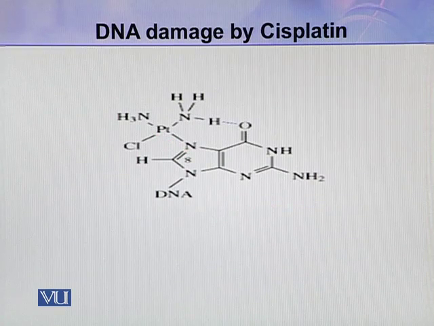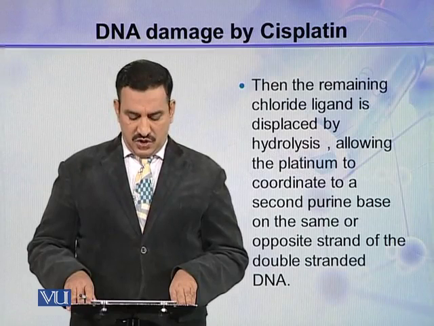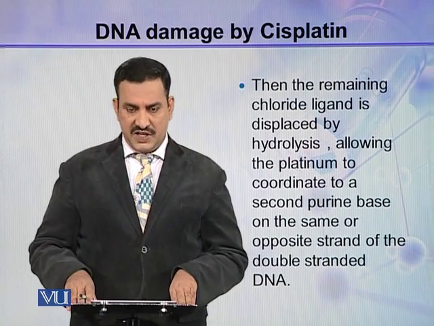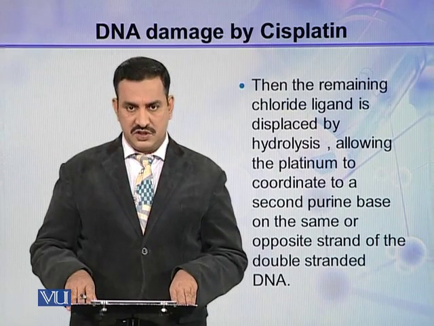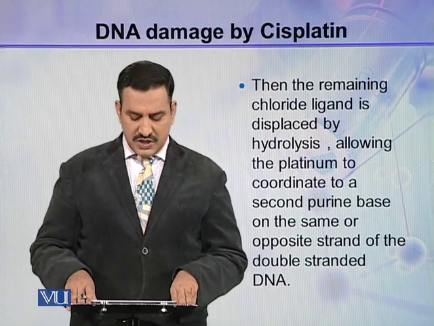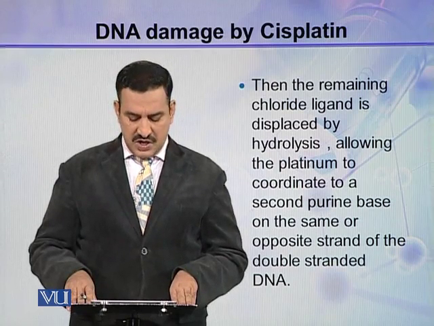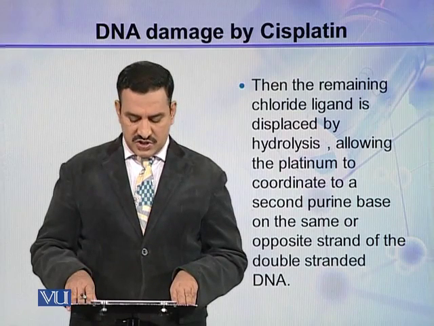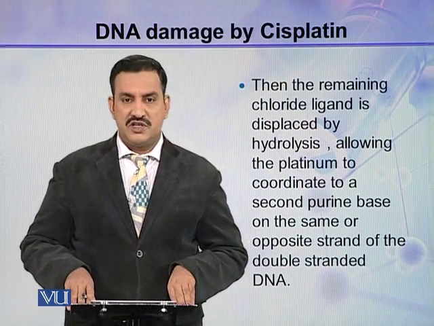In this way it forms a monoadduct in the DNA. The remaining chloride ligand is displaced by hydrolysis, allowing the platinum to coordinate to a second purine base on the same or opposite strand of the double-stranded DNA.